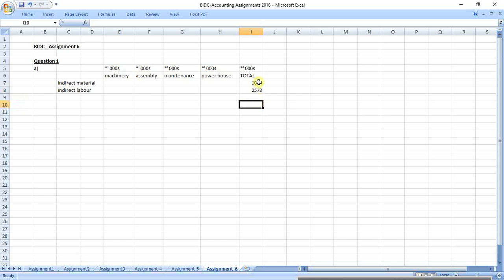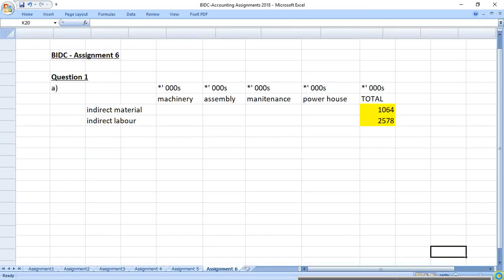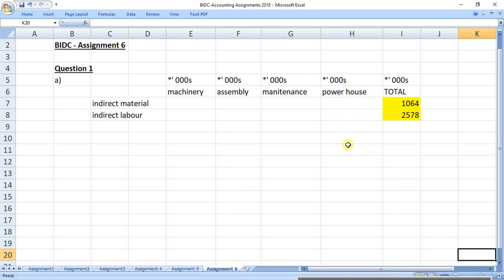What they're asking you to do is allocate or apportion those costs, the total cost, everything, for the indirect cost that the business has. So what does this business have in terms of indirect costs? It has a total of 1.064 million. Those are in thousands. And we've got $2.578 million that we need to be allocating to indirect labor and indirect material. So those are the two things that we're looking at.